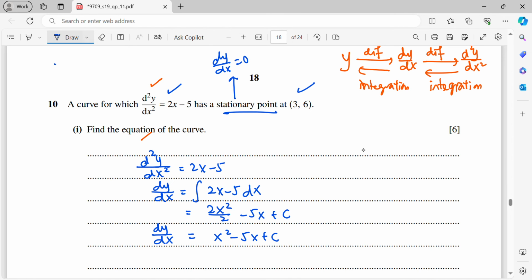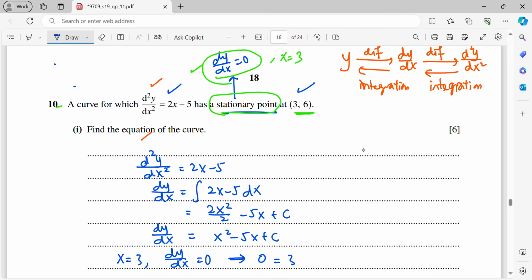Now, look at the question over here. It has a stationary point, which means dy dx equals 0 at (3, 6). That means when x equals 3, the first derivative equals 0. So here I will write x equals 3, dy over dx is 0. Now when I replace, the left hand side is replaced by 0. On the right hand side, x squared is replaced by 3 squared, followed by minus 5 times 3 plus c.